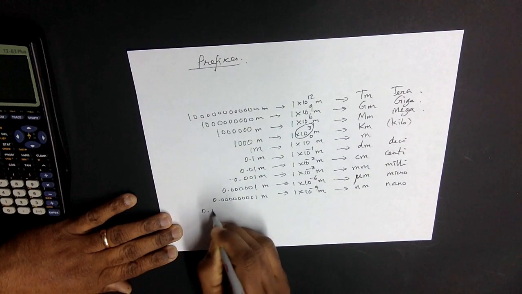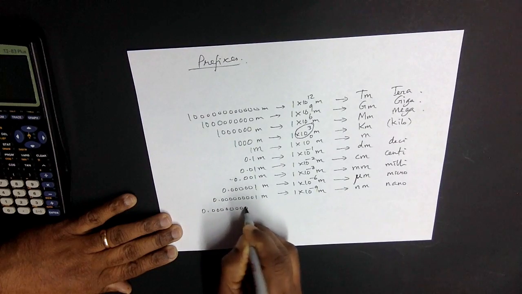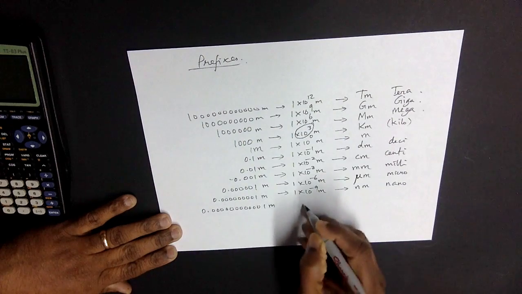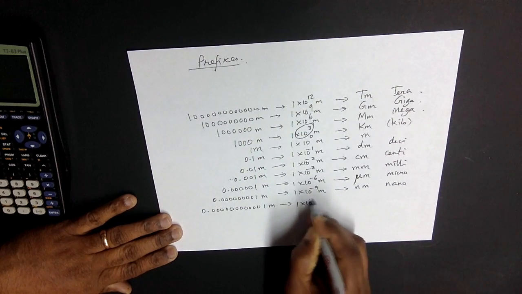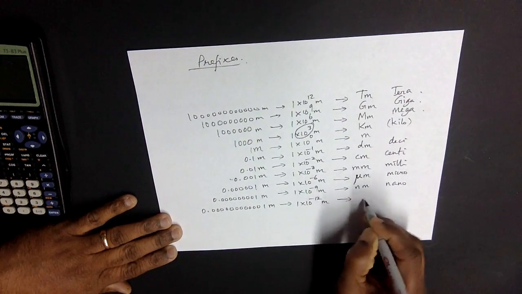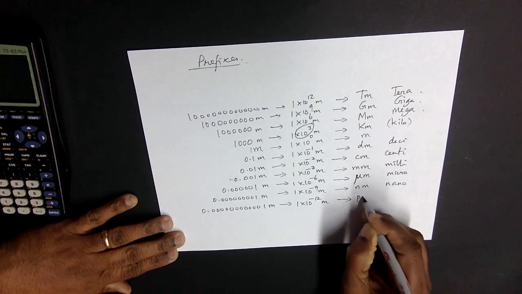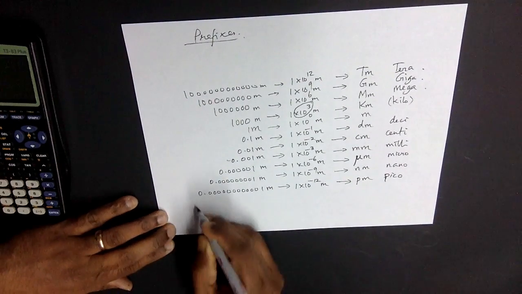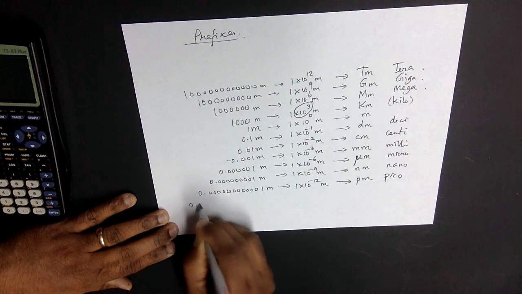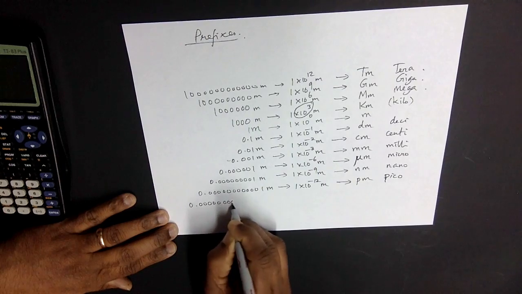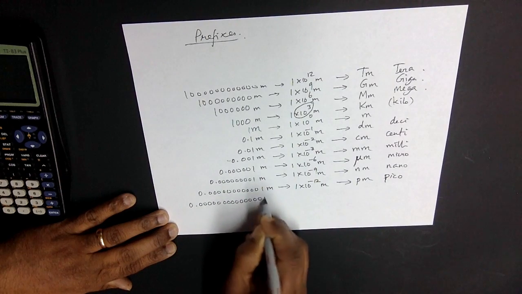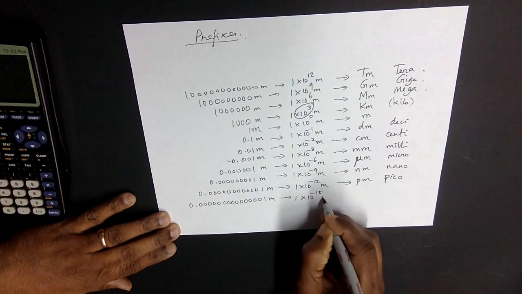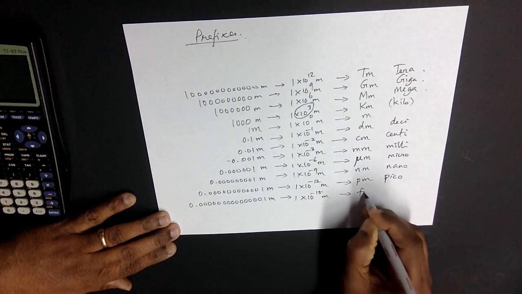If it is smaller than that, we write it as 1 times 10 to the power of negative 12 meters, which is called a picometer. Then 1 times 10 to the power of negative 15 meters is called a femtometer.